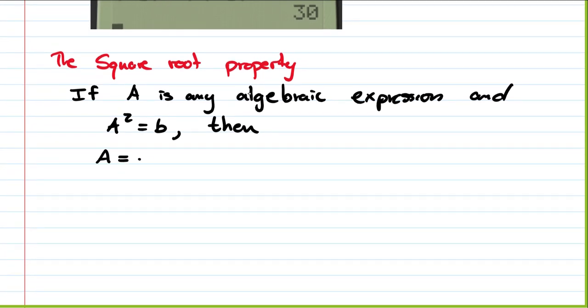A is equal to the negative square root of B, or A is equal to the positive square root of B.